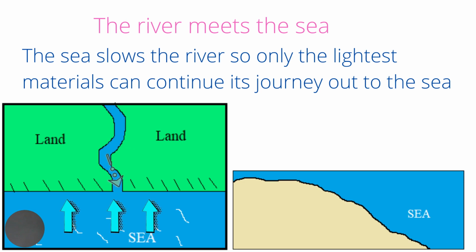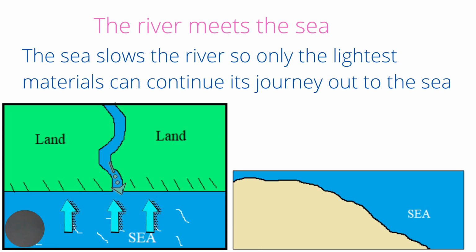So where the river meets the sea will cause the river to slow down, and as it slows down, it will have less energy to transport its materials.